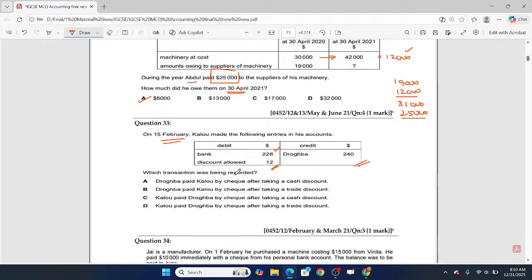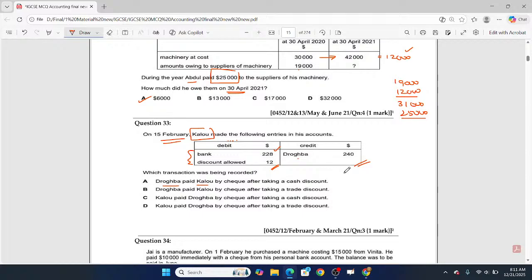Which transaction was being recorded? D paid K by check after taking a cash discount. Who paid this money? K has recorded this one.